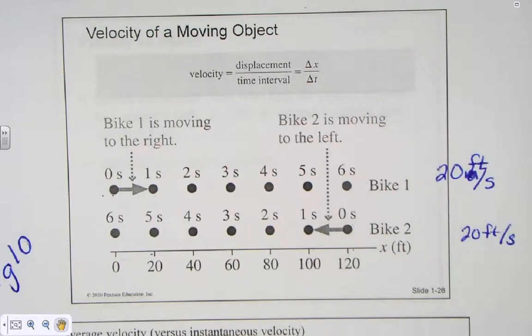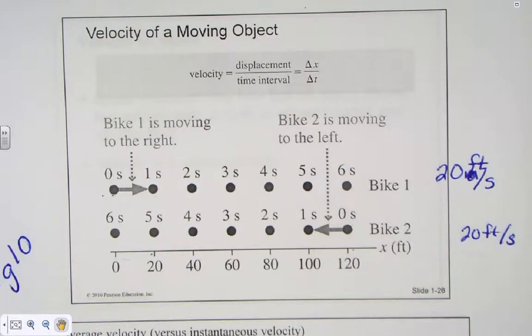The difference between speed and velocity is that velocity is a vector, and that just means it's telling us what direction the motion is occurring in. So the object's speed must also include the direction to turn it into a velocity. This motion diagram of two bicycles shows both traveling at the same 20 feet per second, but in opposite directions, so the direction of their motion is different. Therefore, their velocity is different.